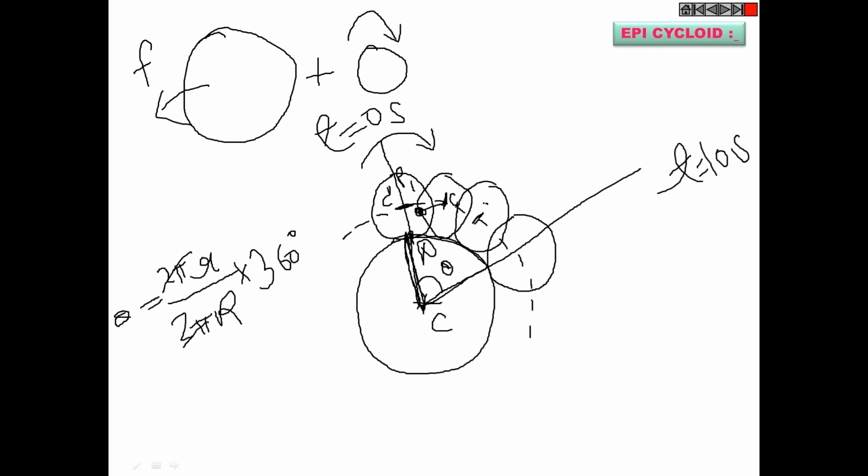This is the new center point of the circle, say C2. Now will the point P1 be the same point, or has it changed? It has changed. So let us assume that this is that point P2.